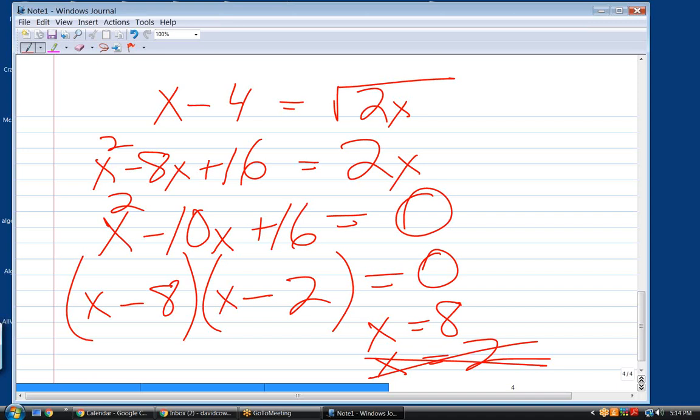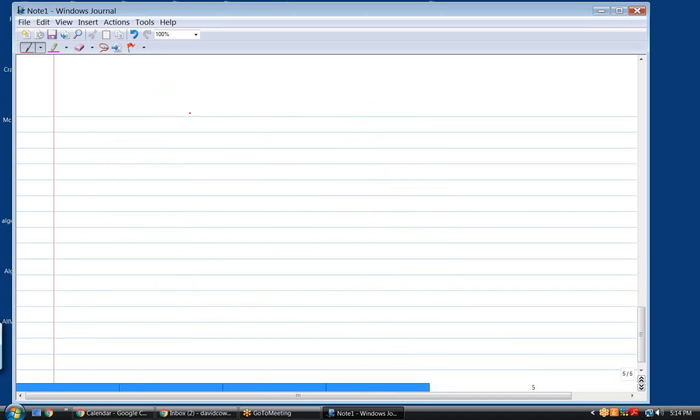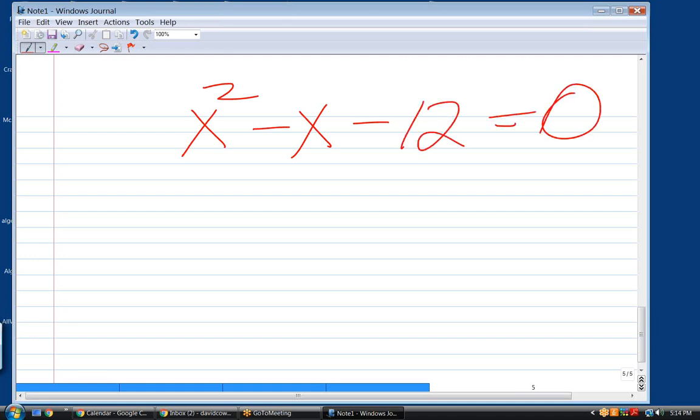If you have a typical quadratic like this, you come up with 2 solutions by factoring it, and both solutions are almost always good. You rarely come up with extraneous solutions.